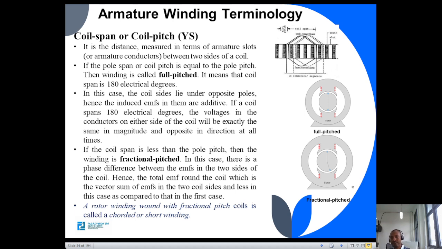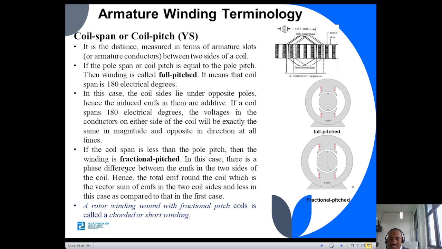But if the coil is not placed under the same pole pitch, for example, one coil side is placed here and the other coil side is placed here, now it is not a straight line. It means pole pitch is not equivalent to coil span. If the angle is less than 180 degrees, it is called a fractional pitch.